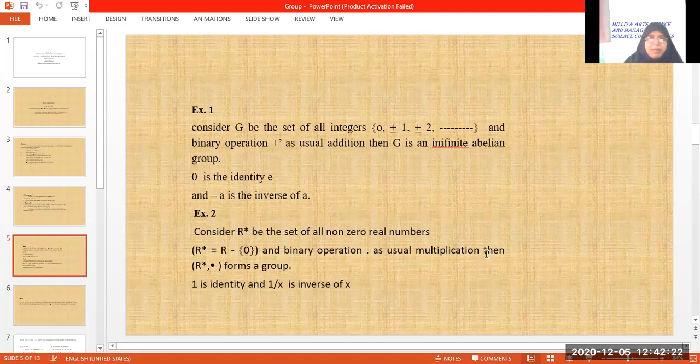Then R star forms a group, since multiplication of two real numbers is a real number, the associative property also is satisfied for the set of real numbers, and 1 is the identity element for multiplication for the set of real numbers, and 1 by x is the inverse of x. 1 by 5 is the inverse of 5 in the set of real numbers.